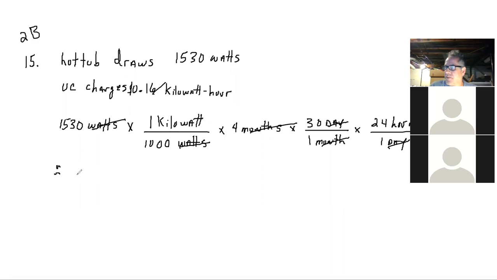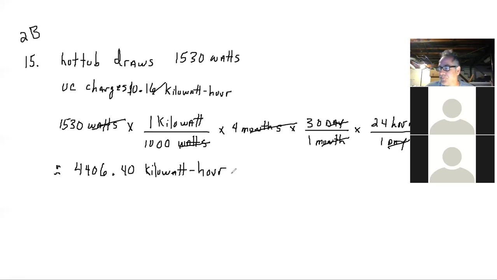That's going to give me, hundreds place, 4,406.40 kilowatt hours, not significant on the 0 there. All right, so that's how much power, kilowatt hours, we are going to use.